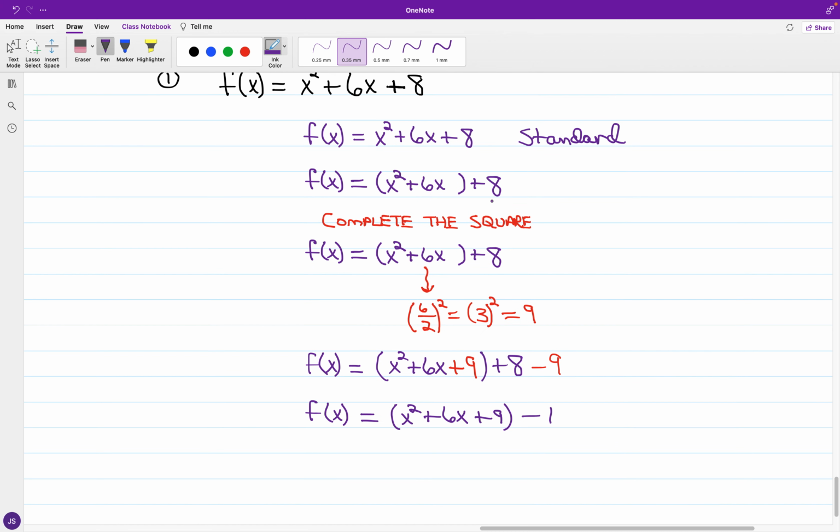Now x squared plus 6x plus 8 is not a square trinomial. However, x squared plus 6x plus 9 is. And guess what? We can write this as the square of a binomial expression.